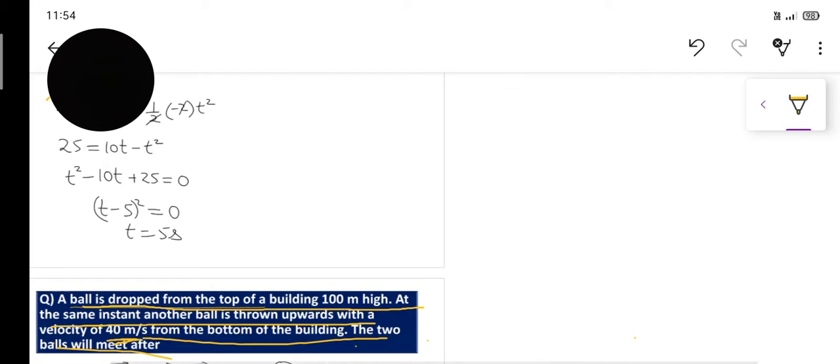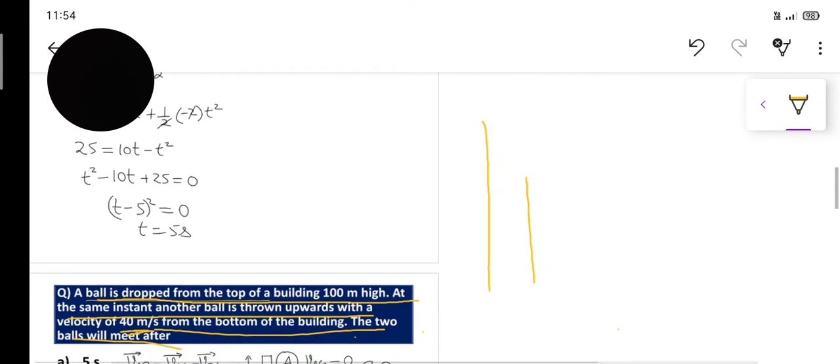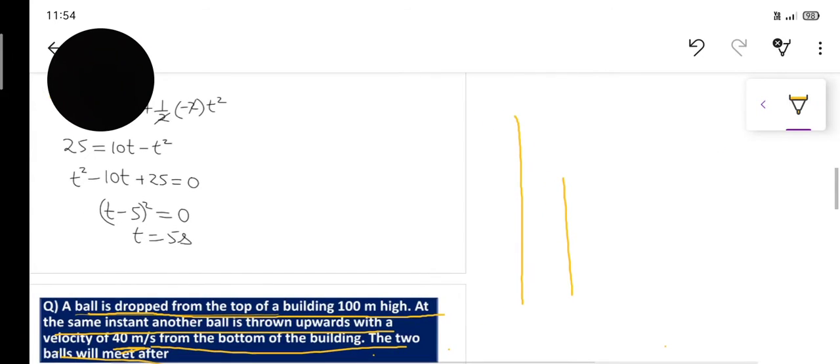A ball is dropped from the top. Okay, this is a tower, 100 meter. At the same instant, another ball is thrown upward with a velocity from the bottom.